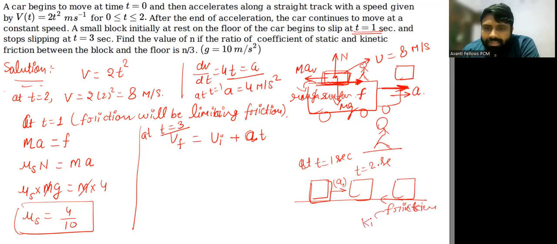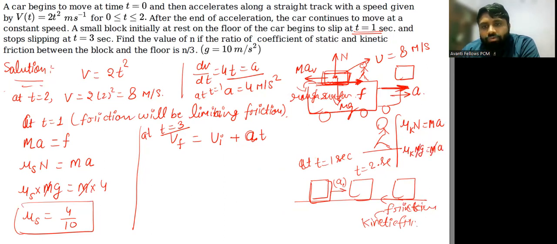This is kinetic friction. So if we apply this equation for time t is equal to 2 to t is equal to 3, we will have force, which is mu k into N, equal to mass into acceleration. Mu k into N will be mu k into mg, equal to ma.